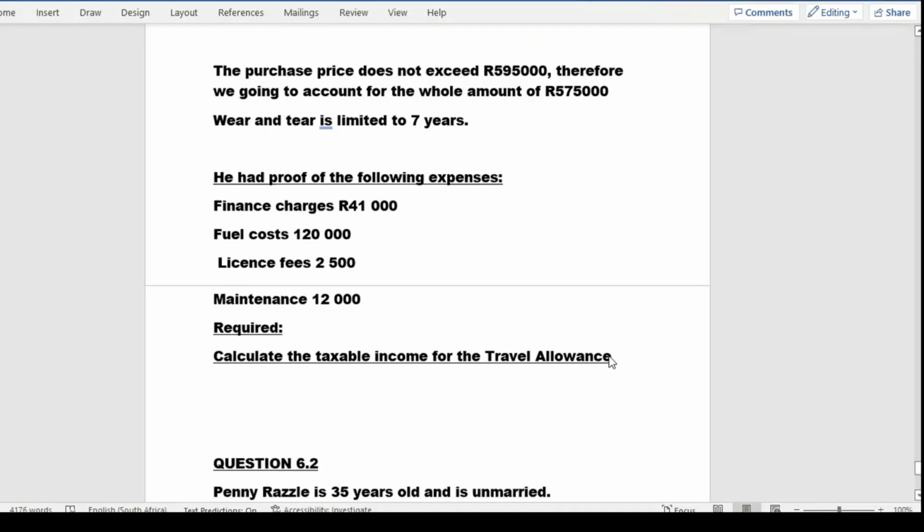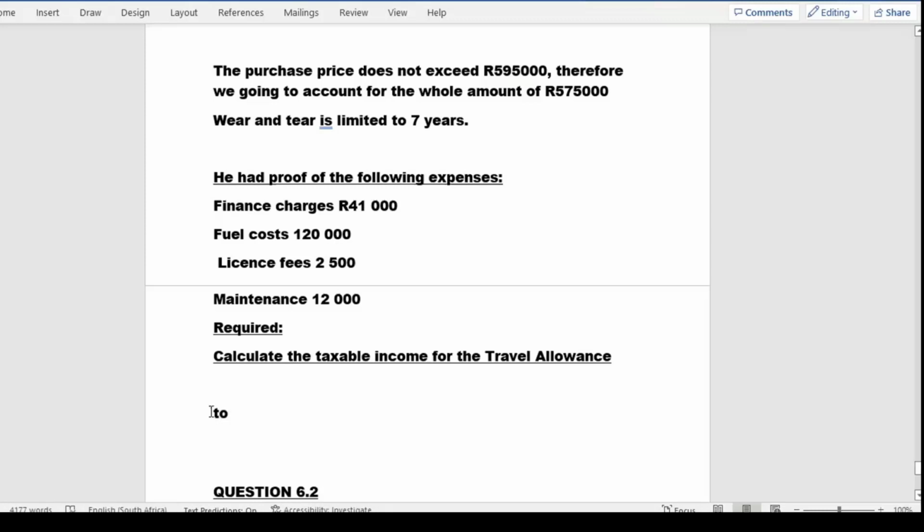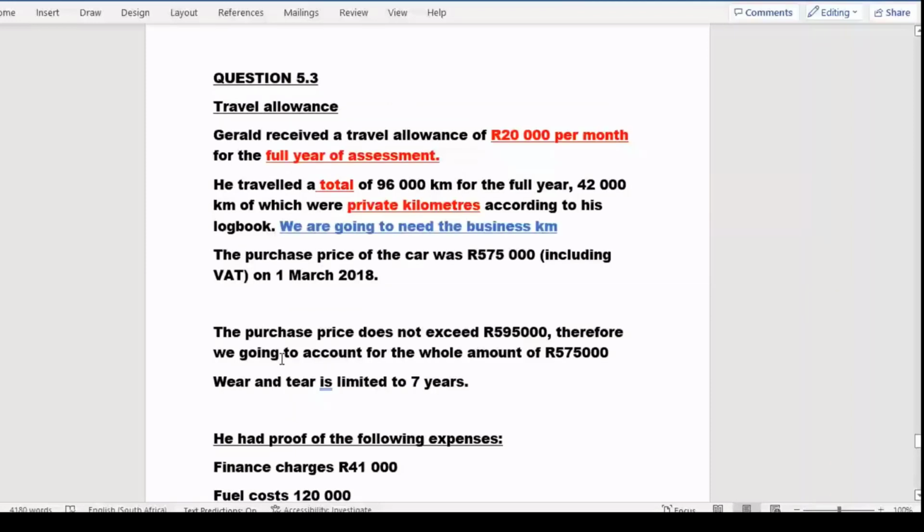So here you're going to say, number one, total kilometers, and then you're going to have private kilometers. So how much is that total kilometers? I think it's 96,000 kilometers.